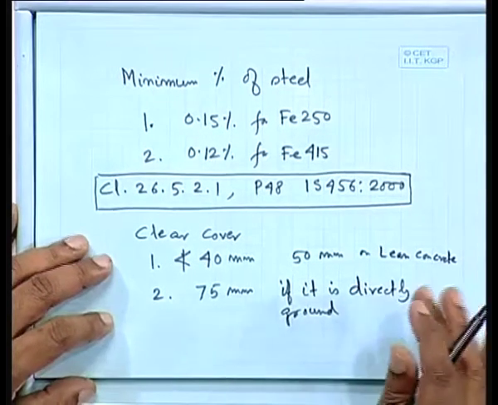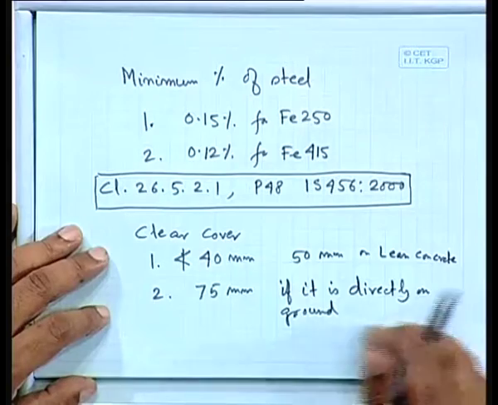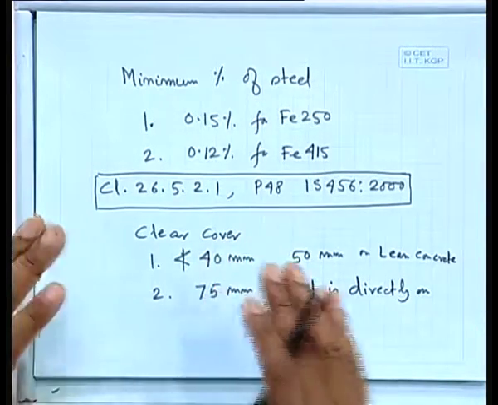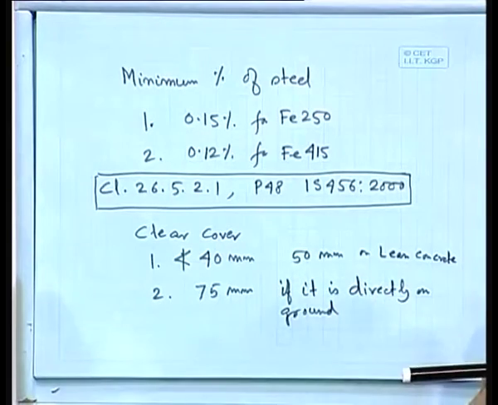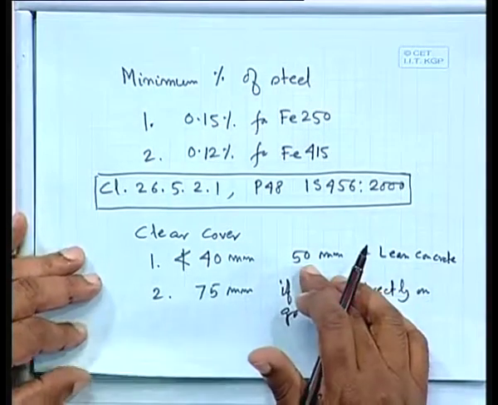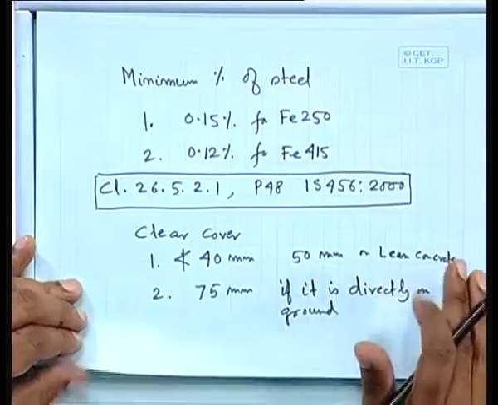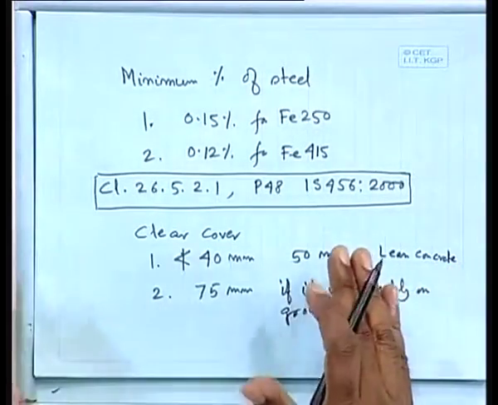Generally we provide sand, then lean concrete, and then the foundation. So 40 or 50 millimeter for clear cover on lean concrete. Otherwise, if it is directly on the ground, then we have to take 75 millimeter. Okay.